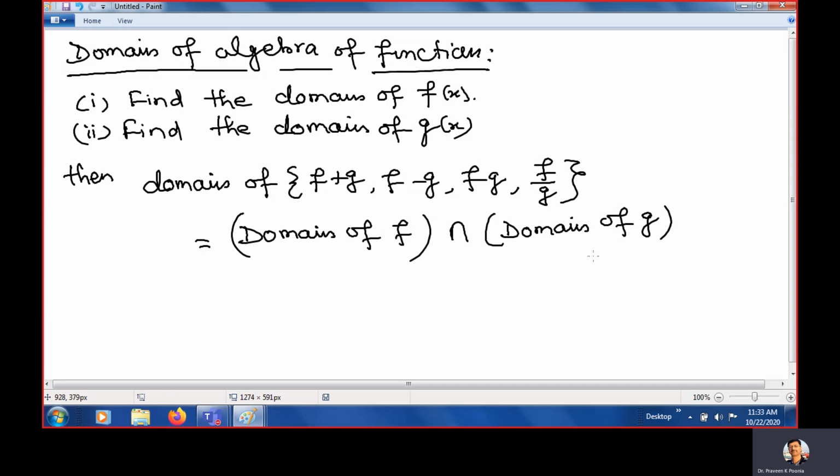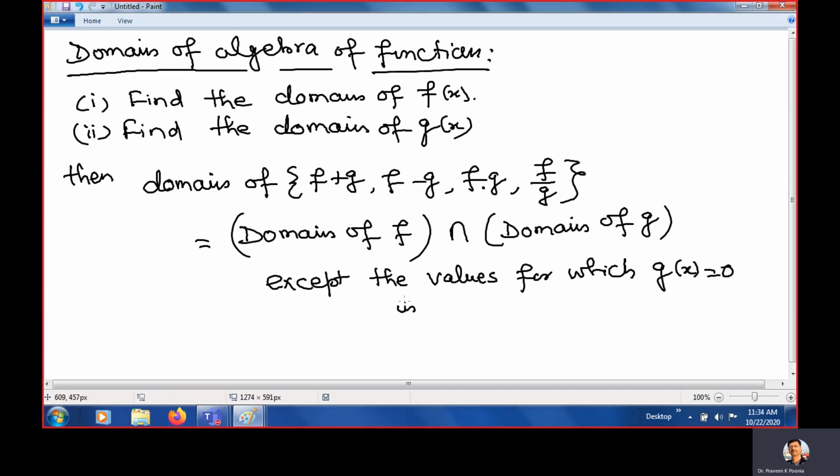This is how to calculate the domain of f plus g, f minus g, f into g and f divide g. But except the values for which g(x) is equal to 0 in f upon g.